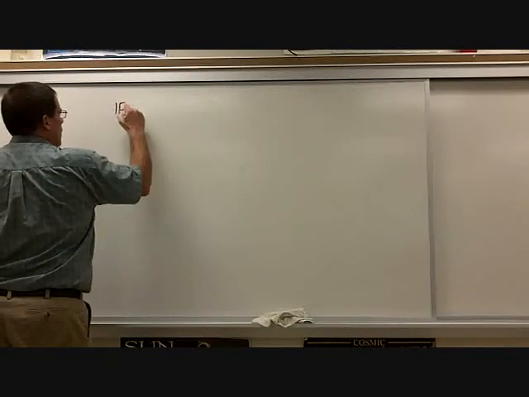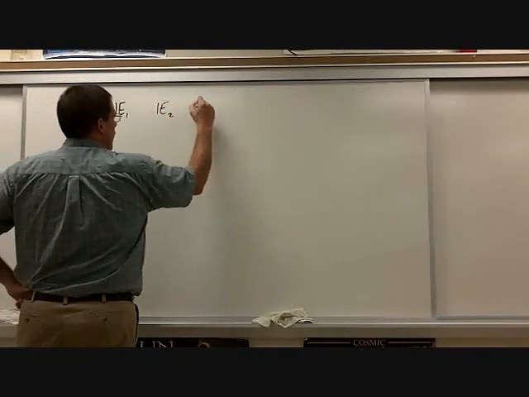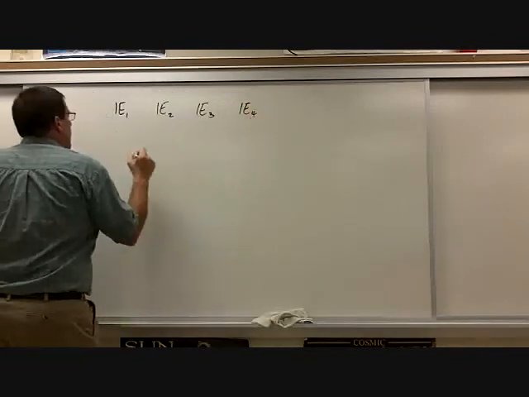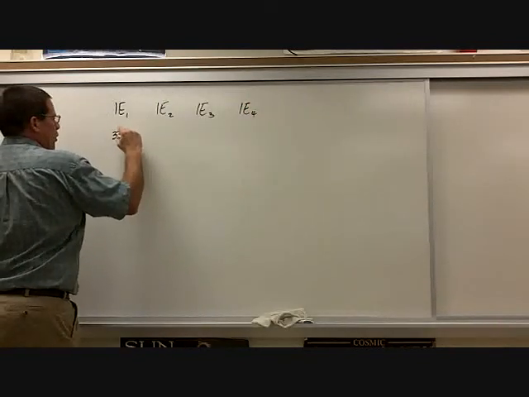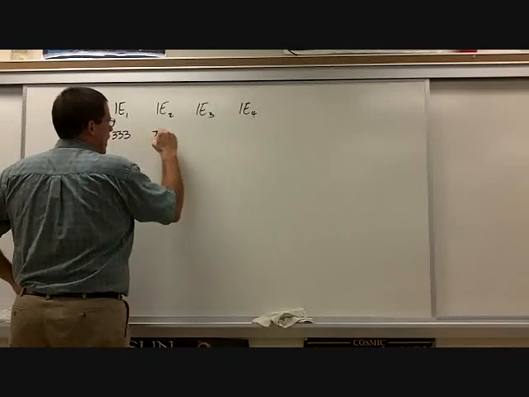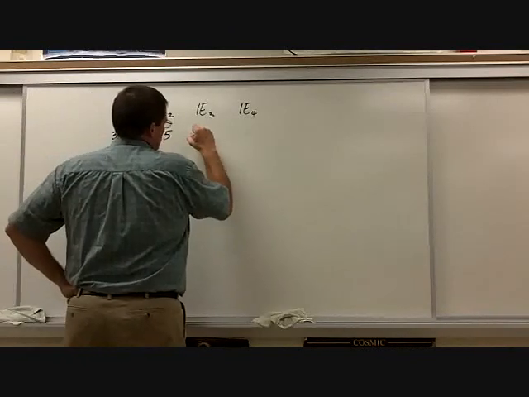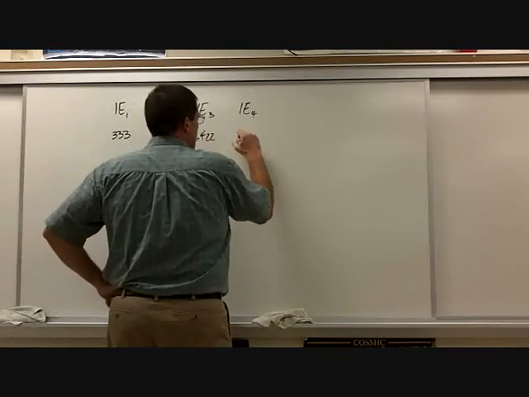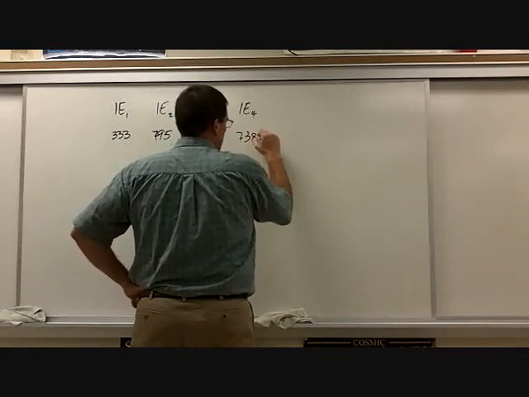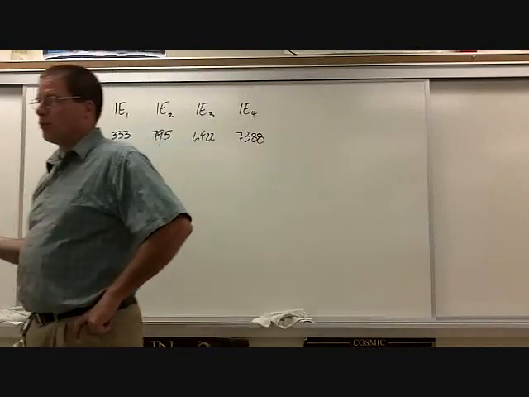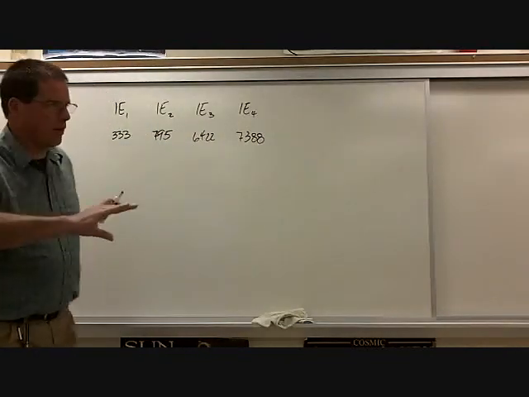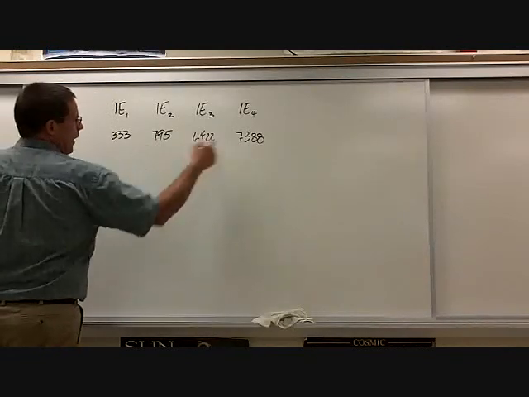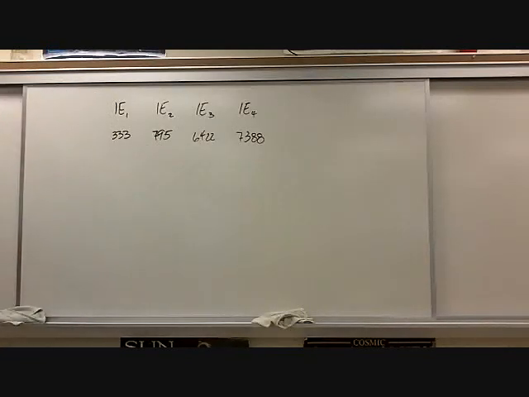Here's a set of data. We got IE1, IE2, IE3, IE4: 333, 795, 6,422, 7,388. And these are all in kilojoules per mole. You don't know what a mole is, so forget I said that. Here's my question. Here are ionization energies for a single element.